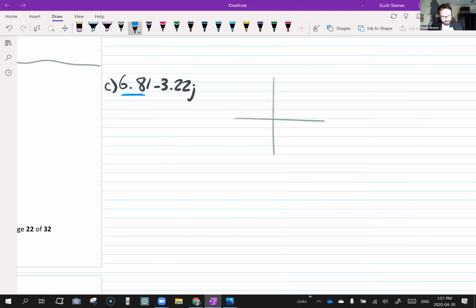Notice this means we go right. It's positive, so we go right. And this part means we go down. Remember, because they sort of work like x values and y values. We did that a couple days ago, or yesterday as well. So we go right and down. If we go right and down, we're in this quadrant. We're in quadrant 4.